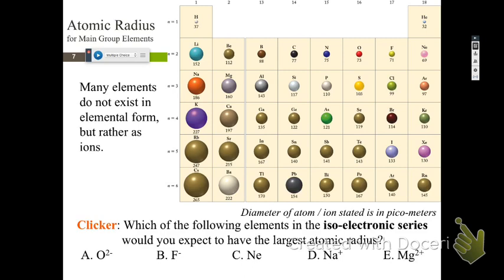Smallest. So the largest one of all those is going to be the one with the least pull from the nucleus on that same number of electrons. We only have 8 protons, so those same 10 electrons aren't going to be as tightly pulled to the nucleus. So in that isoelectronic series, the one with the least number of protons is going to have the least pull and be the largest.